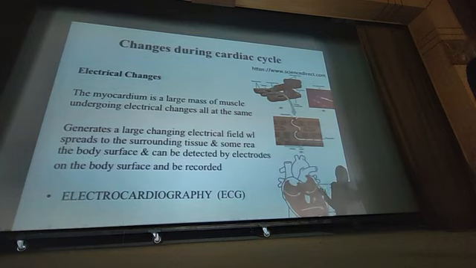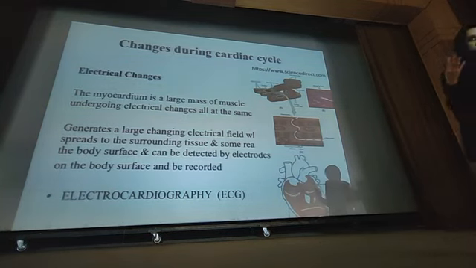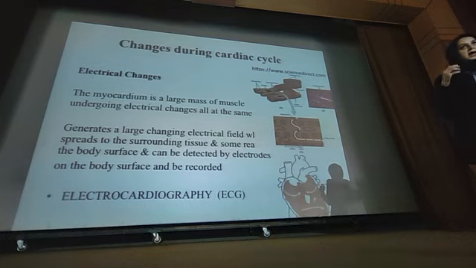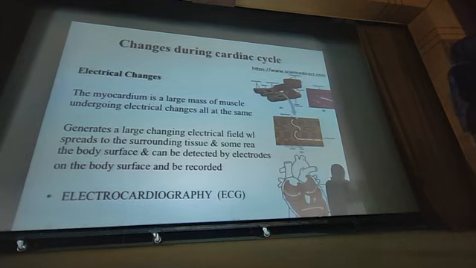And how can we record it? How can we record the ECG? How can this electrical activity be recorded? Through electrodes. What is an electrode? Electrodes are metal.